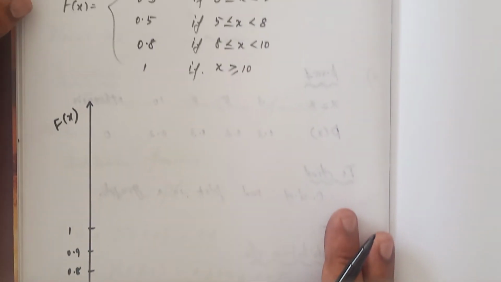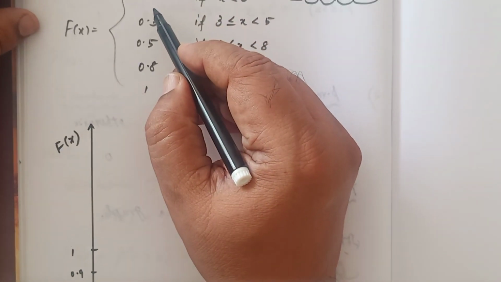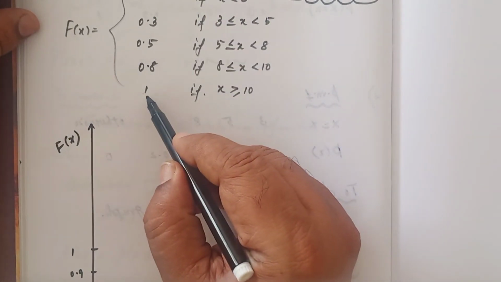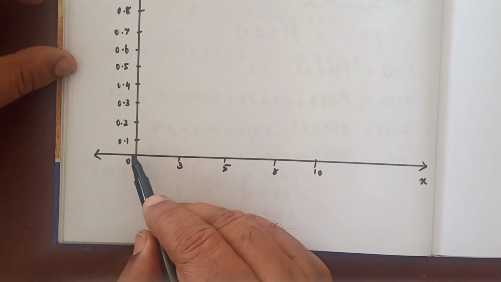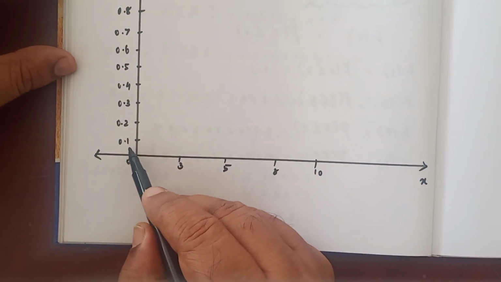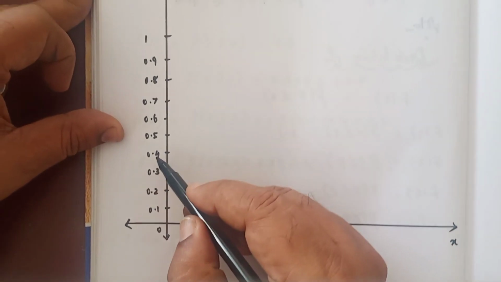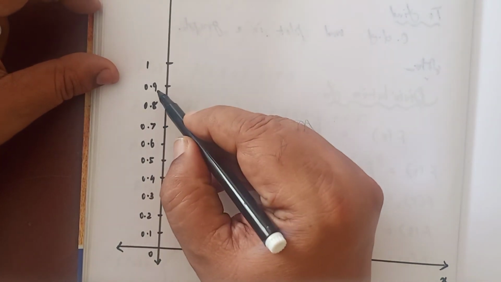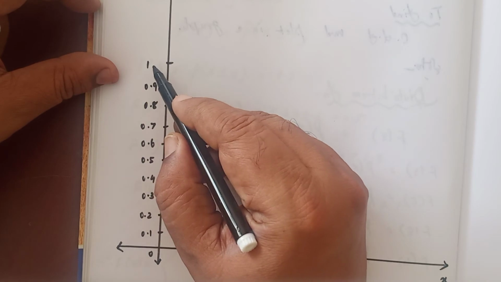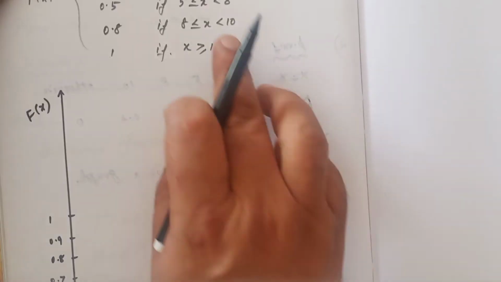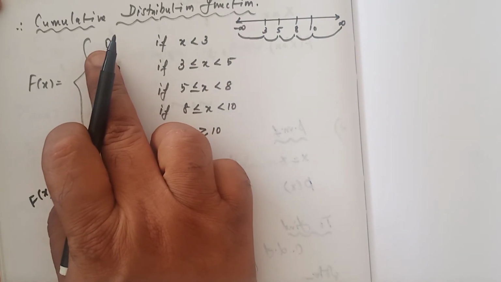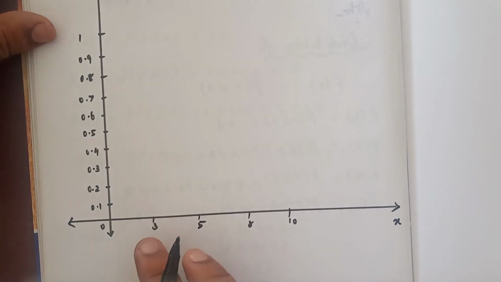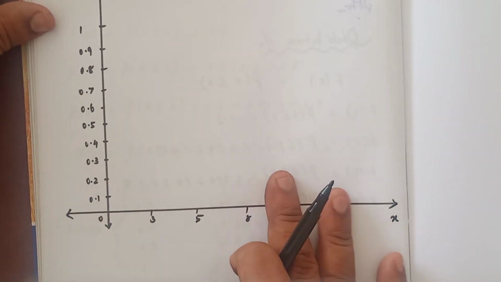Now look at F of x: the starting one is 0, the ending one is 1. So I take 1 centimeter equals 0.1 unit: 0.1, 0.2, up to 0.9, then 1. First, x less than 3: the value is 0. So less than 3, completely 0 only.